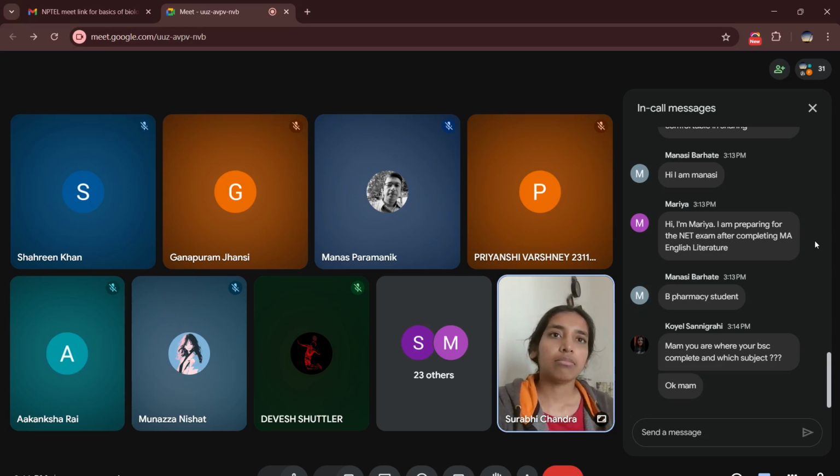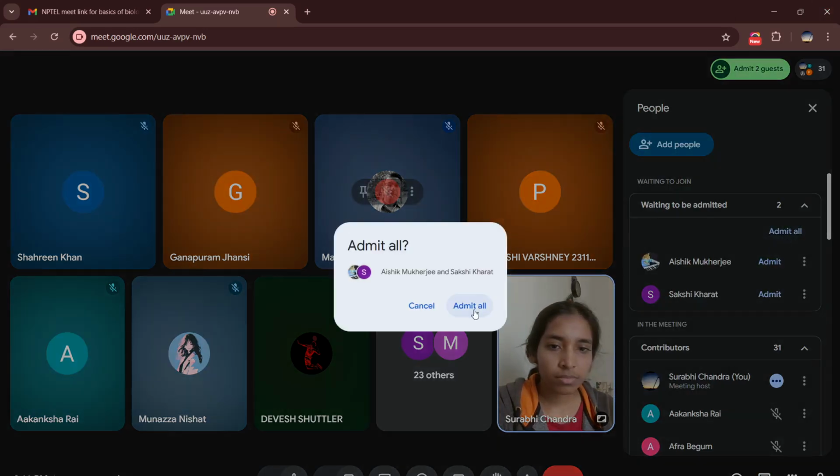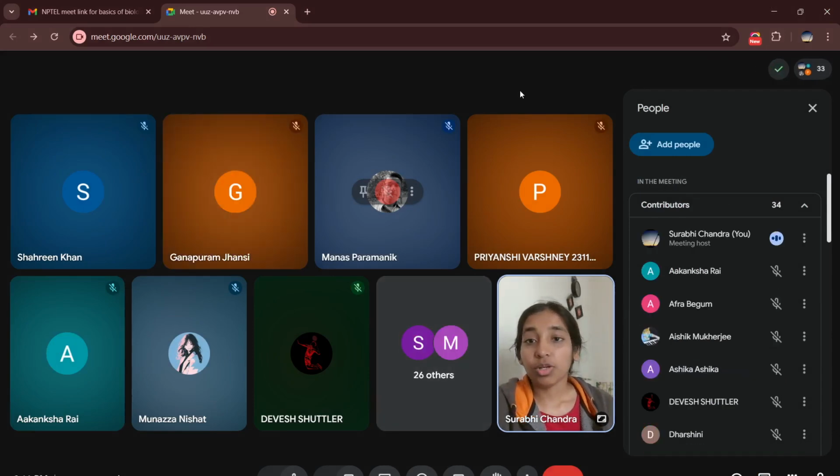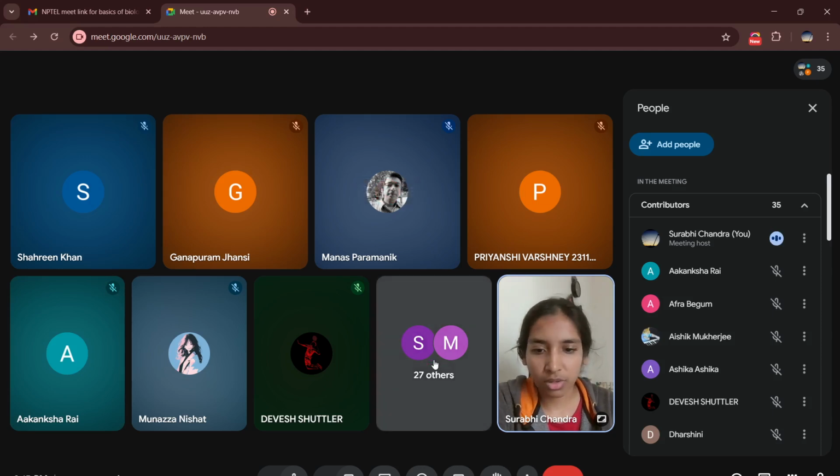In general, we will start with what is biology, because the course is Basics of Biology. It will be a very general overview of what biology is and why we need to study it, and slowly, very slowly, we will move into a little more detail and specifics of classification and diversity in organisms.